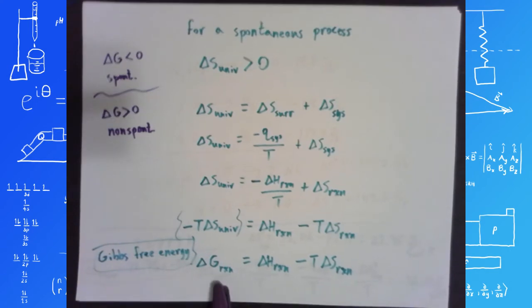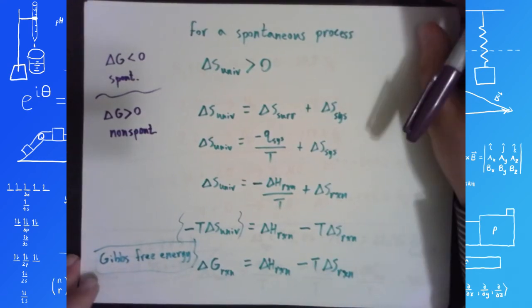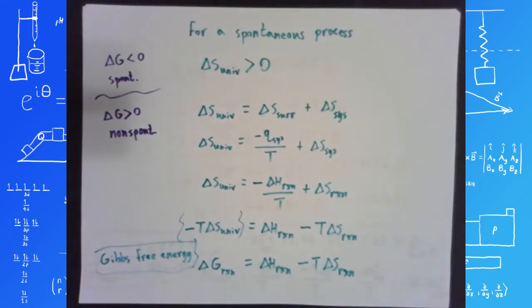And as you can see, spontaneity depends on temperature. So you can't just look up the delta G of reaction from a data table. Yes, there were delta G values shown in the data table that I had up earlier.